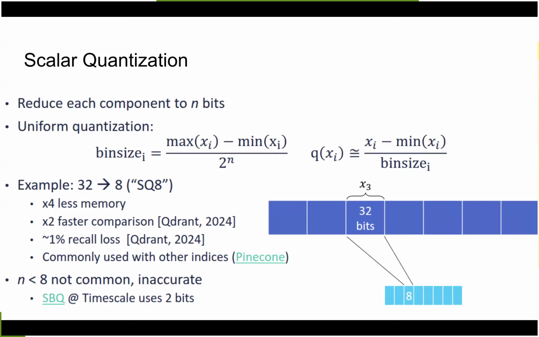The part that is lossy is mapping each 32 bits to 8 bits, because you need to come up with some bin size. So you can imagine that you still want more compression, and you want to map each one of your attributes into 2 bins.